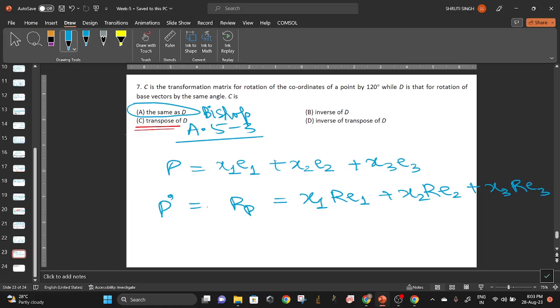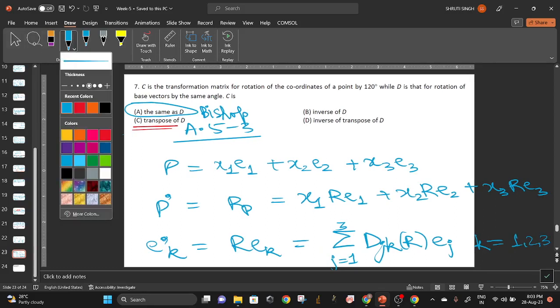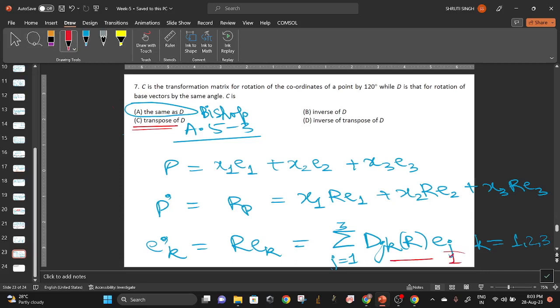Now these ek's according to Bishop, the transformed ones, can be written as R e_k. Now R has a form, with j equal to 1 2 3. So let this be the first equation.